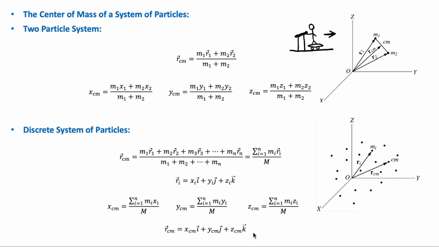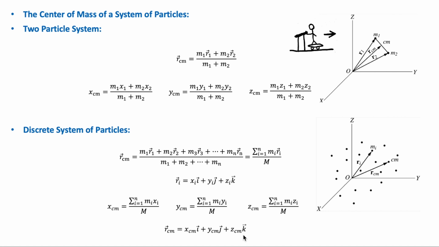So let's consider a discrete system of particles like this one, in which the particles are separated from each other. And for a continuous system of particles, the separation between the particles is very small, such that it approaches zero. An example is an extended object.